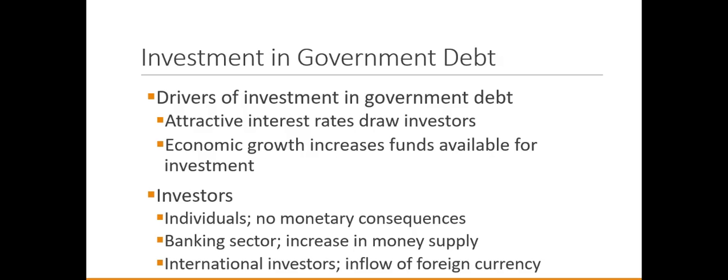And finally, international investors might invest in a government's debt, and this results in an inflow to the government of foreign currency. A government likes to have access to foreign currency, so this generally would be considered a favorable result to a government to have international investors buying the government's debt. When this gets to an extreme, it means that the government is to some extent beholden to foreign investors.